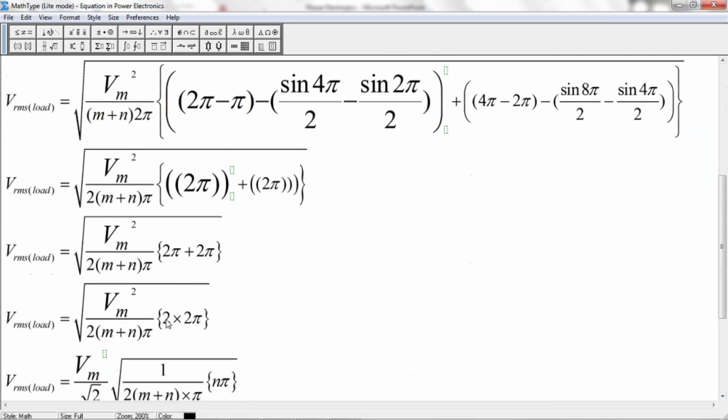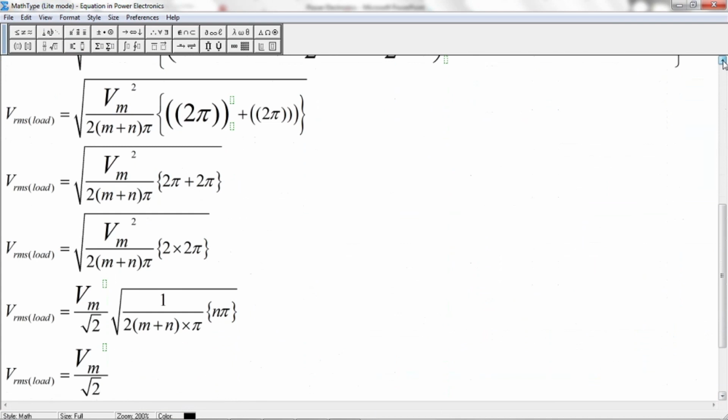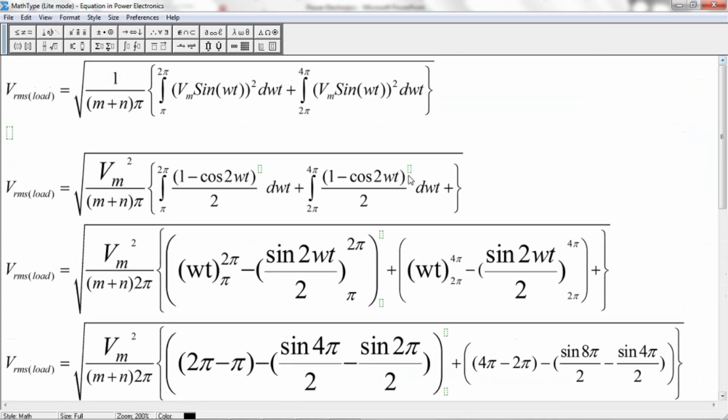That simplified part is here, it is twice I got 2 pi. So if it is n cycles on, then I will get n pi. What I am saying is, this integration from pi to 2 pi, and this integration from 2 pi to 4 pi, and for any number of times, if n is 3, again 4 pi to 6 pi, if n is 4, 4 pi to 8 pi, the sum is n times this.